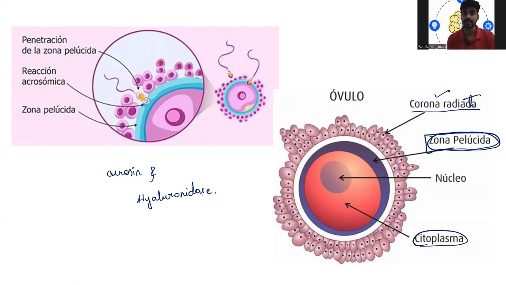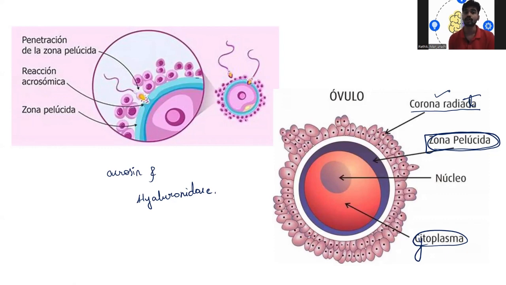These are the enzymes produced by the acrosome, and they help the sperm enter into the cytoplasm of the ovum.